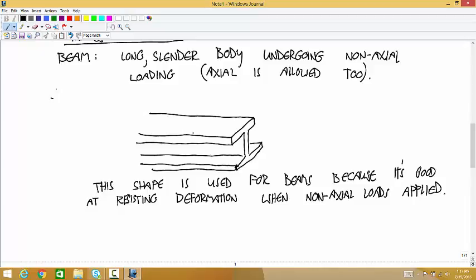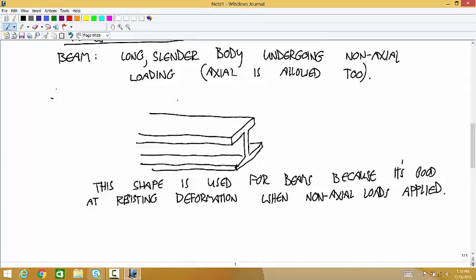Infinitely many cross-sectional shapes could have that same area. If you took all those different cross-sections and applied axial loads, putting them into tension or compression, they'd all be the same at resisting stretching or compression.